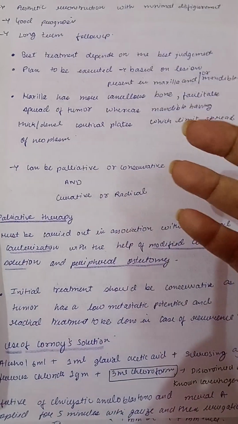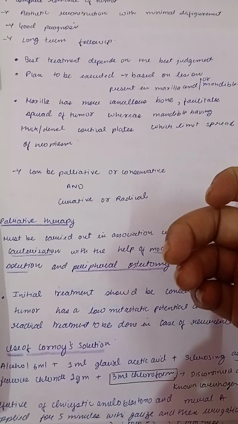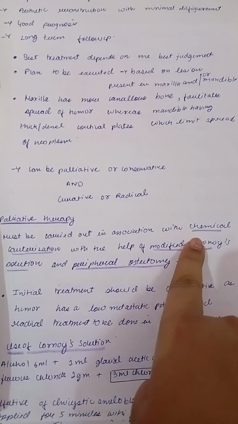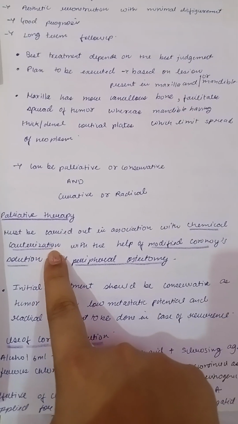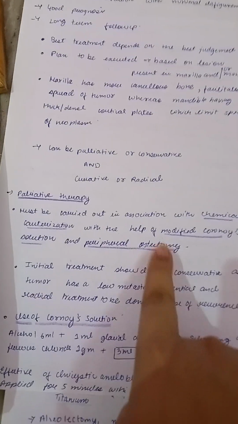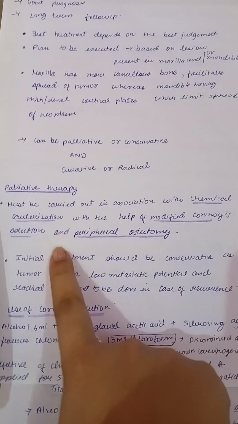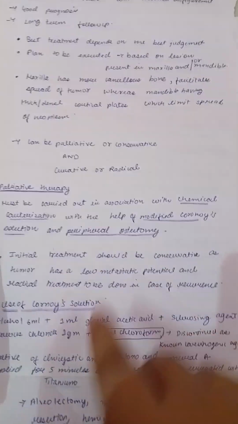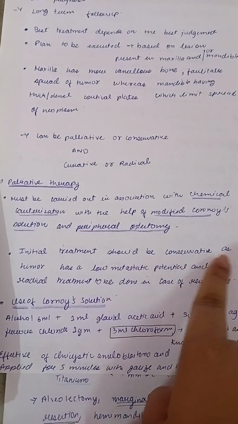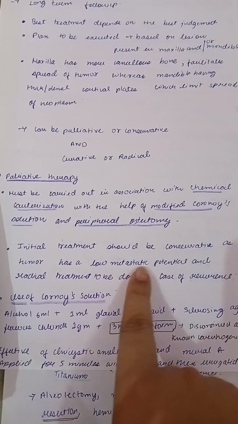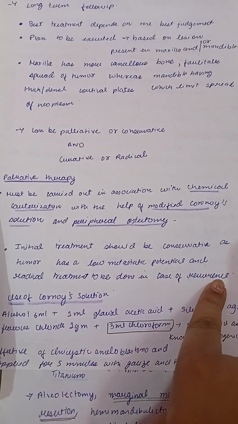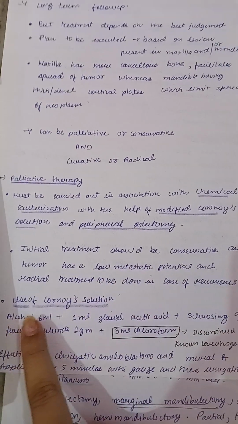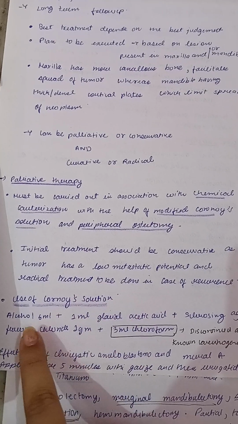Whatever we are doing, enucleation, marsupialization or anything else, it should be carried out in association with chemical cauterization if we are giving a palliative treatment, with the help of modified Carnoy's solution and peripheral ostectomy. Initial treatment should be conservative as the tumor has a low metastatic potential, and radical treatment to be done in case of recurrence only.